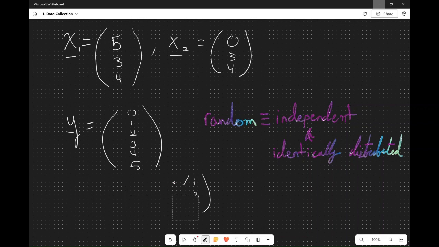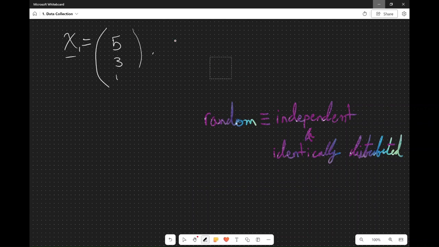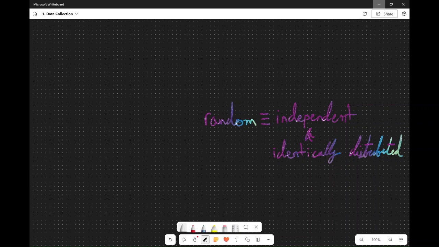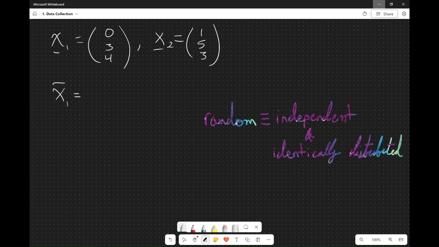Error can come from the sample. So for example, we saw that if X1 was equal to a new set of values, 0, 3, 4, and X2 was equal to 1, 5, 3, then let's say the average of X1 would be equal to 0 plus 3 plus 4, which is 7, divided by 3, which we'll get into how to get that later.